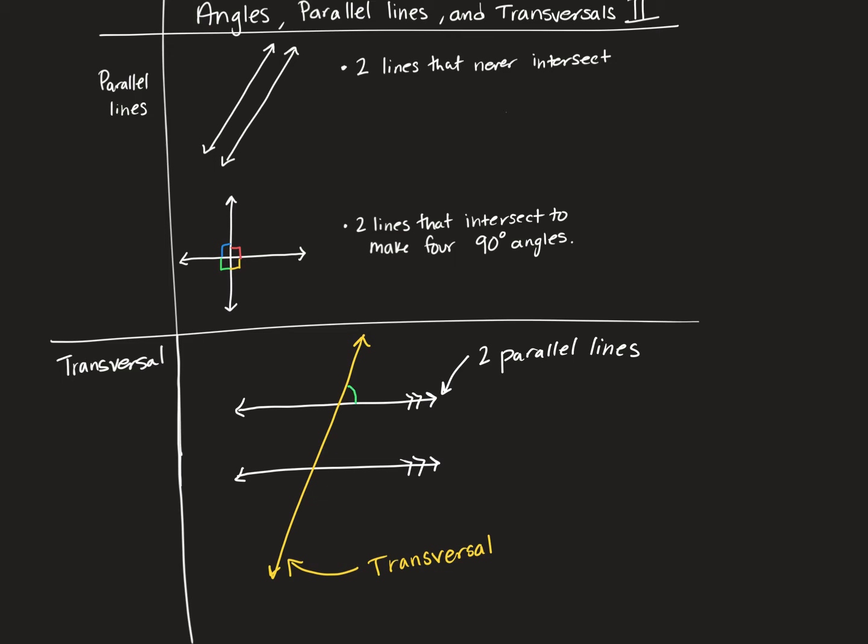So this angle right here, we're going to call angle A. Angle A corresponds to angle B. If I were to get a protractor out and measure angle A, it's the exact same as angle B. You can't see it in the video, but the degree measure of angle A is about 70 degrees.